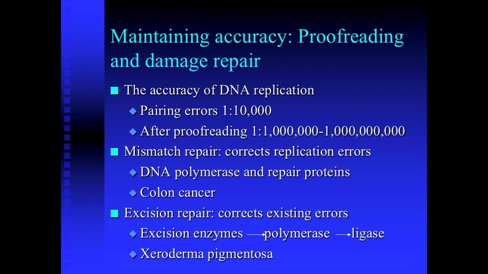So I said nucleotides pair to the template, to the parent strand, spontaneously, A with T, G with C. But there's a 1 in 10,000 chance of a mispairing. When DNA polymerase comes back and checks its work, it catches most of those errors, so the chance of leaving an error behind becomes 1 in a million to 1 in a billion, all right?